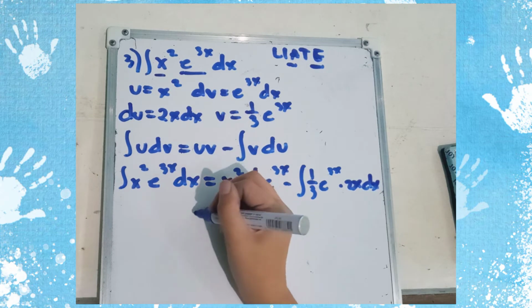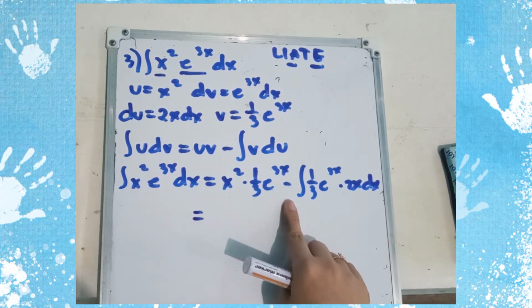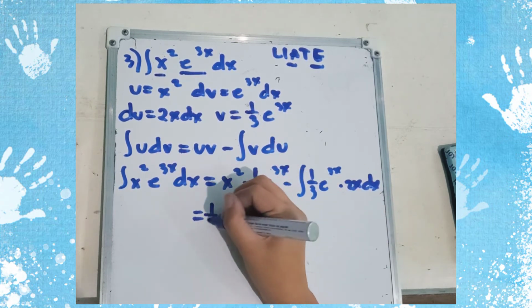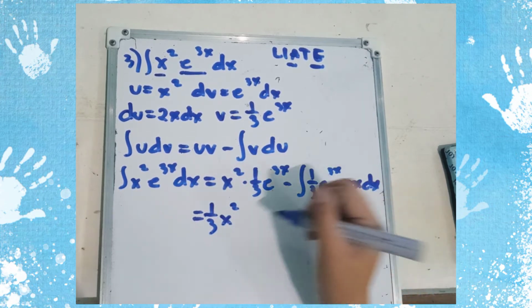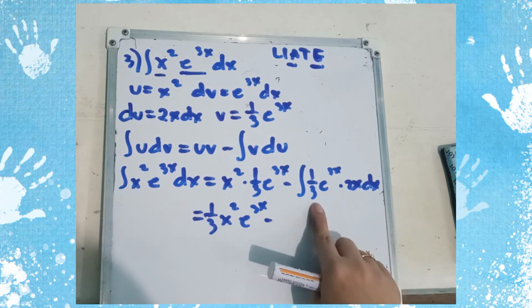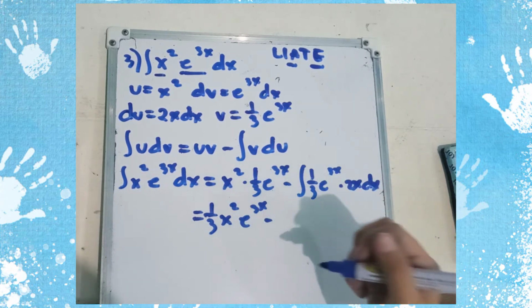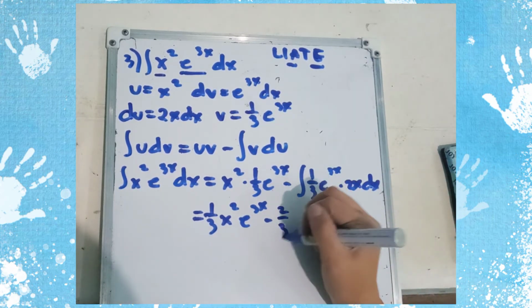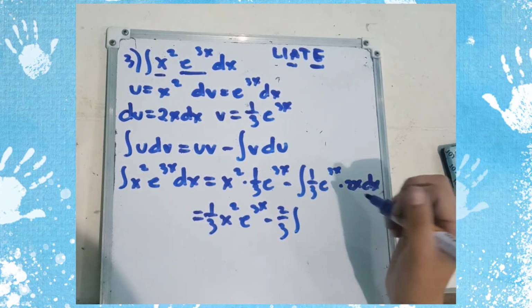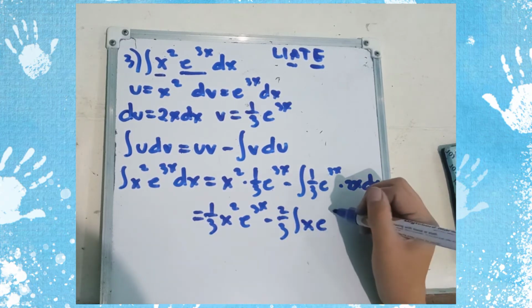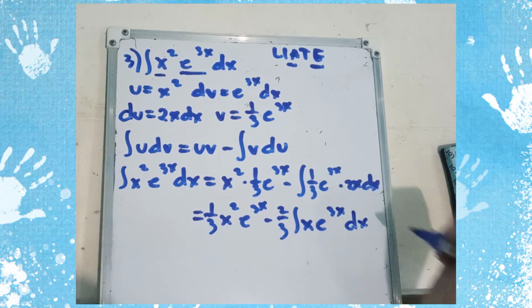So simplifying, that is 1/3 x squared e to the power of 3x minus, we can multiply 1/3 and 2, and bring that outside of the integral symbol, that's 2/3 integral of x e to the power of 3x dx.